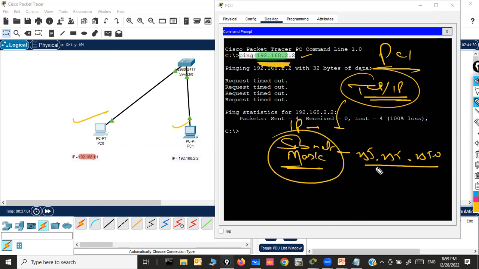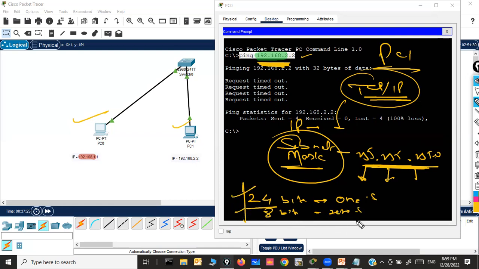Converted to binary, it is 24 ones and 8 zeros, because an IP address is always 32 bits, so the two numbers add up to 32. The 24 ones mean 24 network bits, the initial 3 octets.